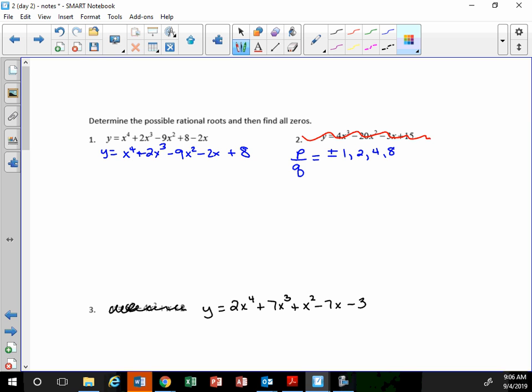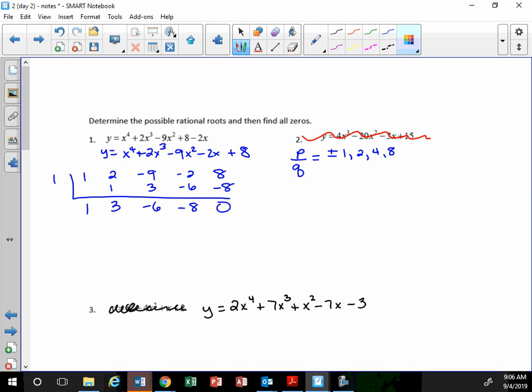Okay, let's try 1. 1, 2, -5, -2, 8. Multiply, and multiply, and oh, look at that, we got a 0. So nice when you find it on the first one.